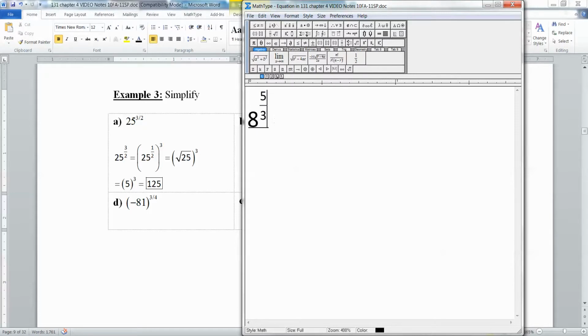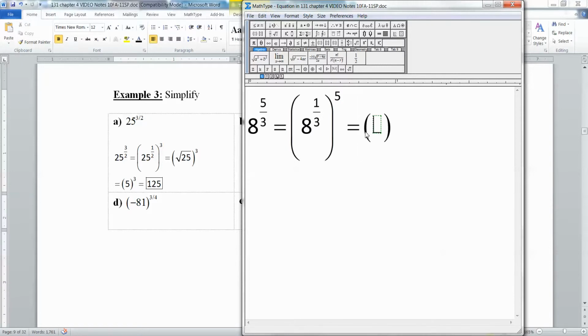This is 8 to the 1/3, all to the 5th. Okay, but 8 to the 1/3, hopefully everybody knows at this point, but let me just do it out. It's really the 3rd root of 8, to the 5th, and that's really 2 to the 5th. Oops, sorry. And that's 32.